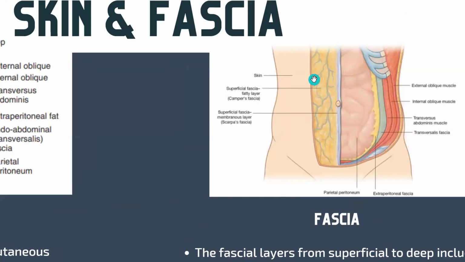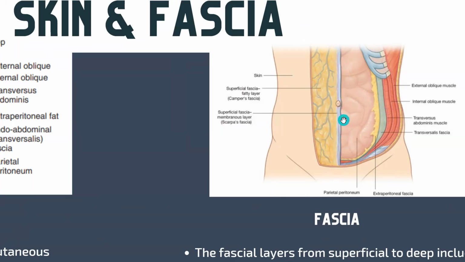Like you see, this is the skin again. Camper's fascia is here, and this is Scarpa's fascia below it. And this line is from the xiphisternum to the symphysis pubis. It's not a line, actually, it's a tissue which forms the aponeurosis of all three muscles, called linea alba, which means white line in Latin.